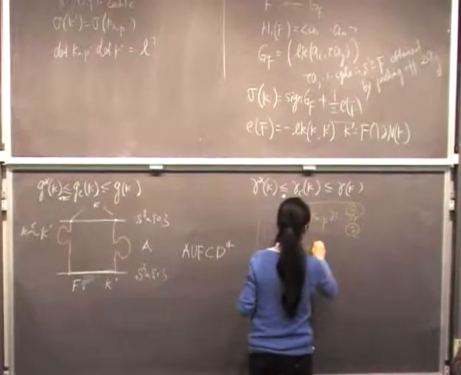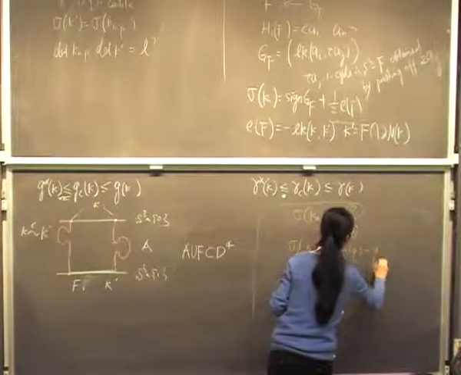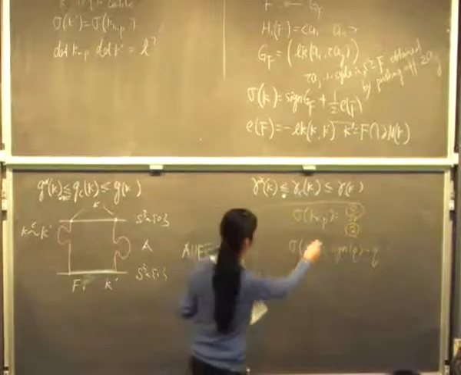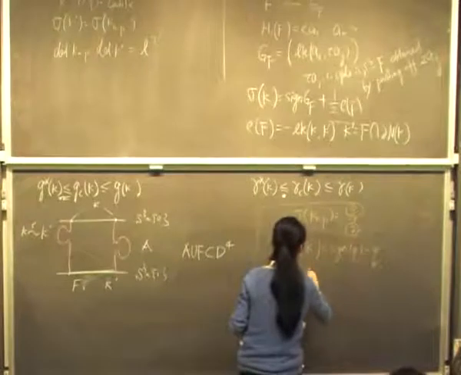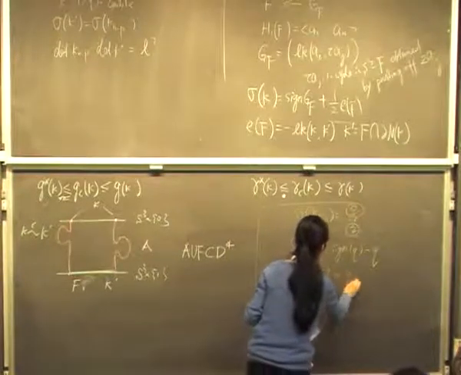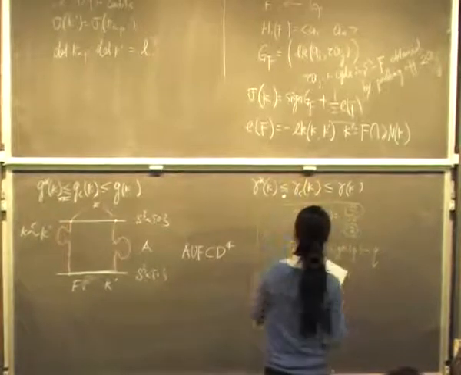We know that the signature of K prime is sign of q minus q. And then this gives us a restriction on the number q, right? And we know that q is 1 or 3.